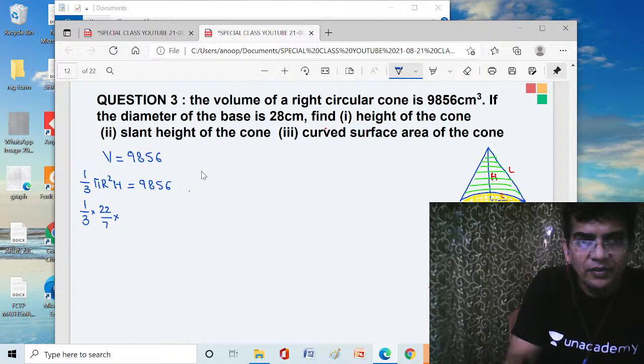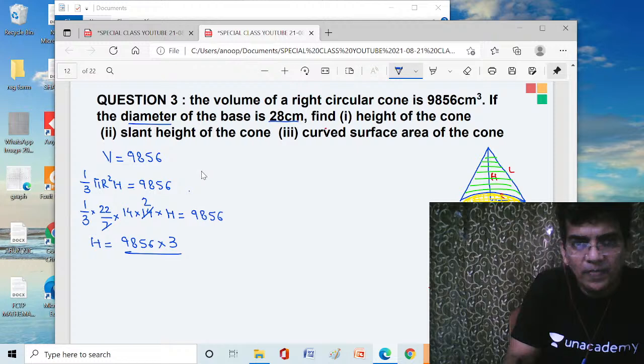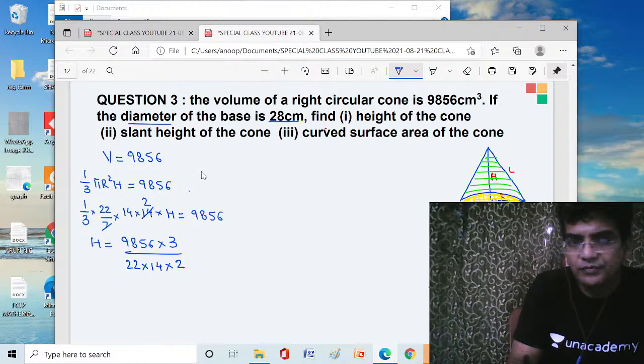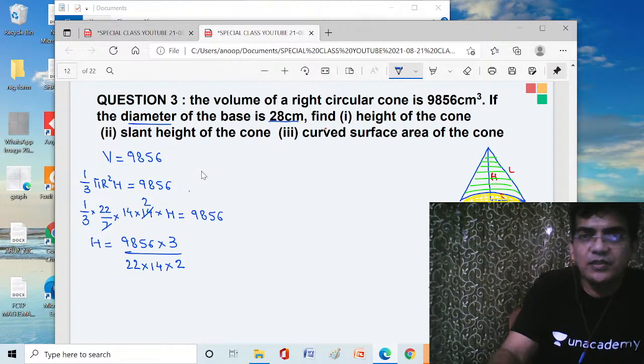9856, you cross multiply it with 3 here, upon 22 into 14 into 2. So let's reduce it and see what we get. 11 8s are 88, carry over 10, 11 9s are 99, then 11 6 are 66.